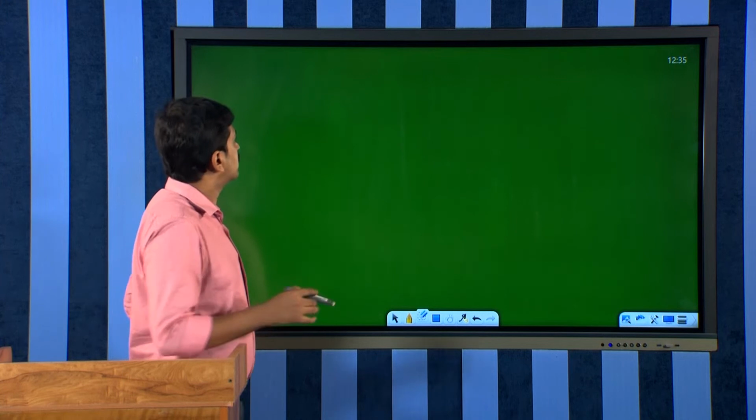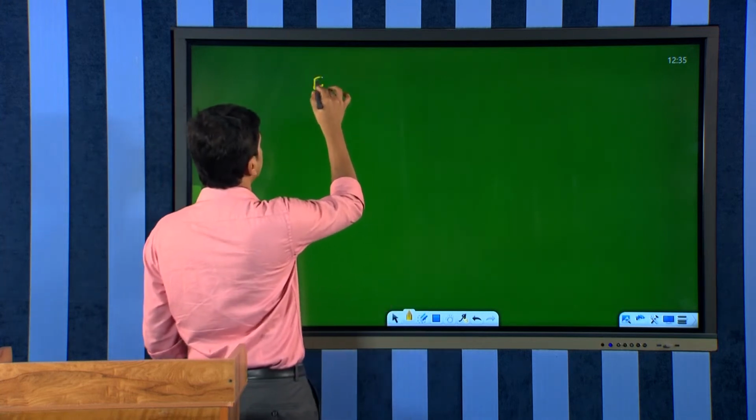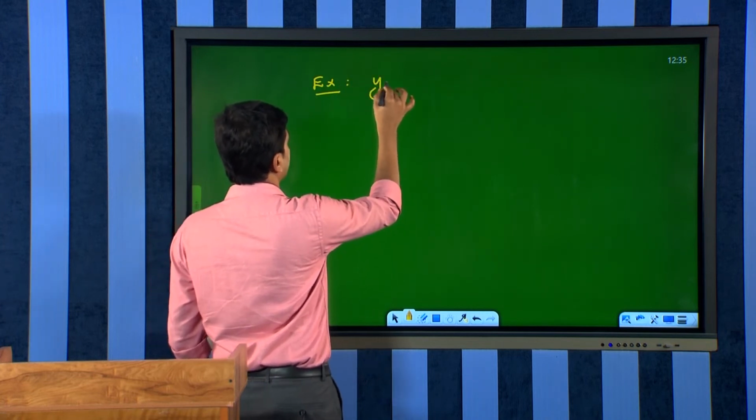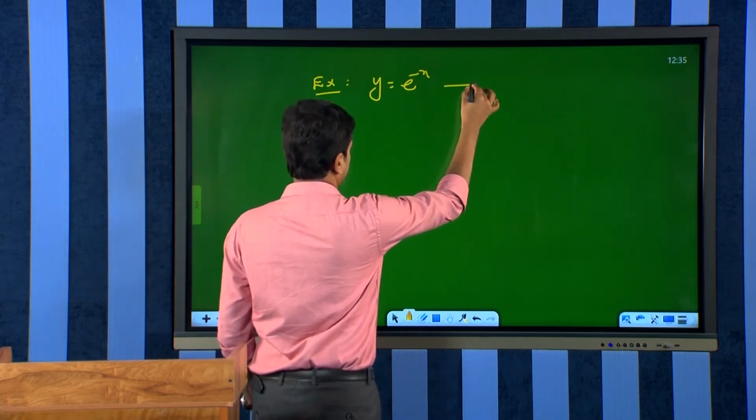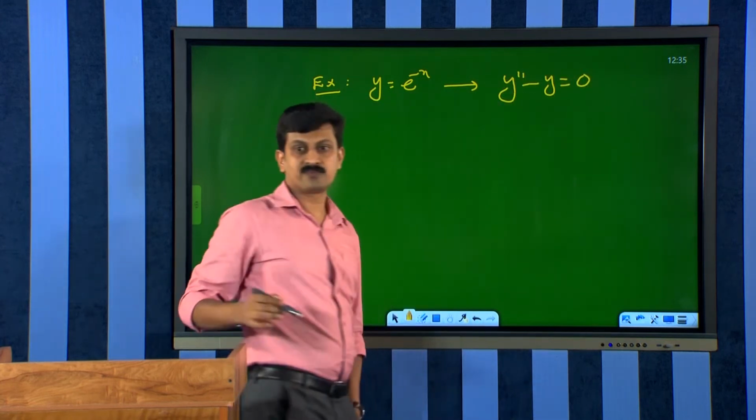In the next example, we use y is equal to e raised to minus x. The differential equation is y double dash minus y is equal to 0.